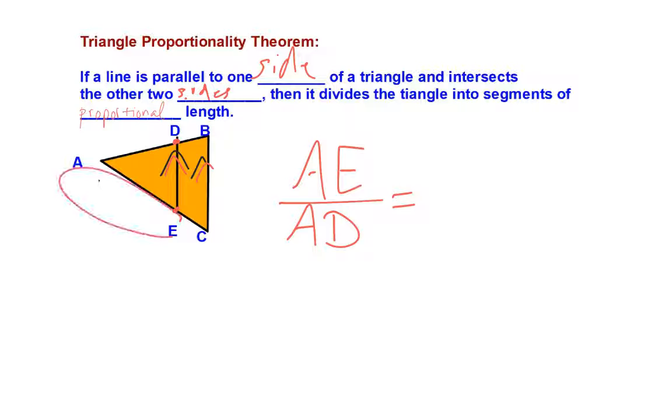So you went this side to the other side equals, make sure we go in the same direction. Since AE was on the bottom, EC is on the bottom down here. EC over what? DB. Yeah. This is only when those sides are parallel.